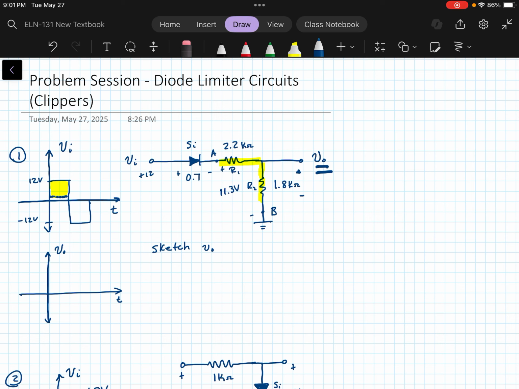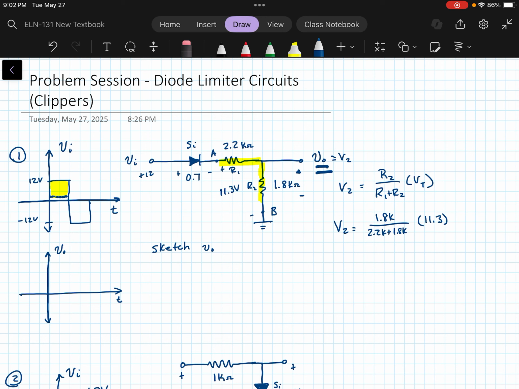Okay, so the voltage divider rule, if I'm going to call this R1 and this R2, then V2, which is V0, is going to be R2 over R1 plus R2 times whatever the total voltage is across that divider circuit. So V2 is going to be 1.8K over 2.2K plus 1.8K times the total, which is 11.3.